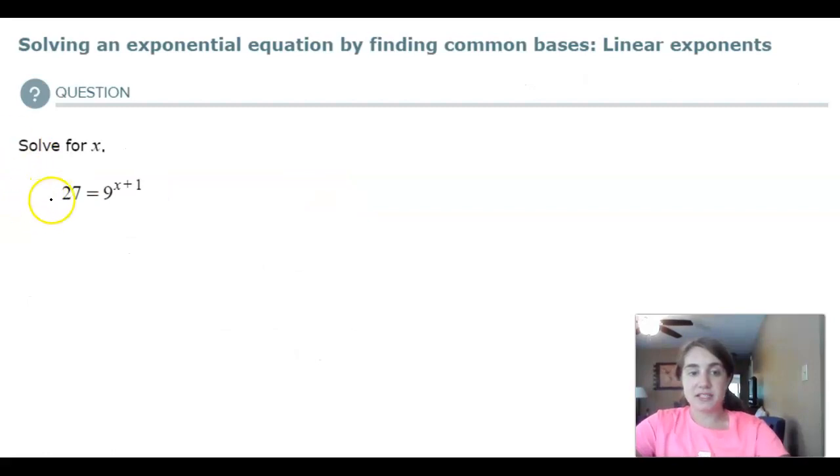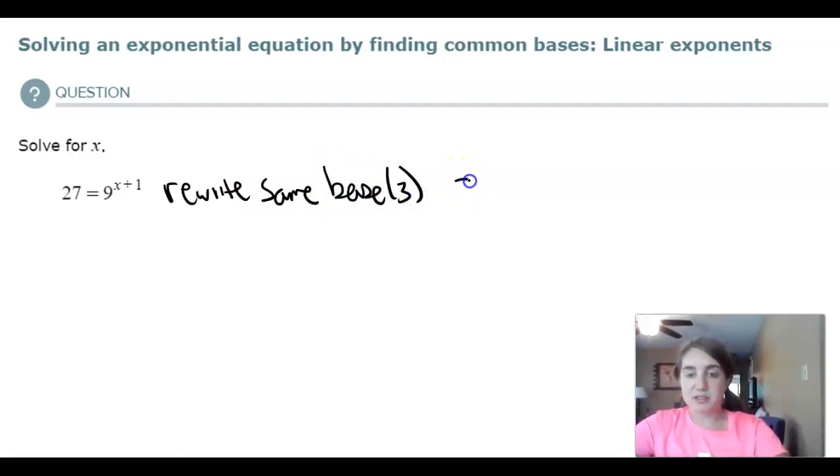So right now when I see this, my bases are not the same. But 27 and 3 can both be written with the same base, and that's base 3 for us. So 27 can be written as 3 to the third.